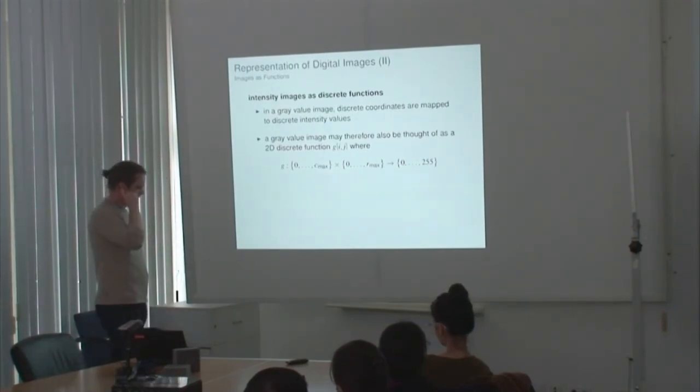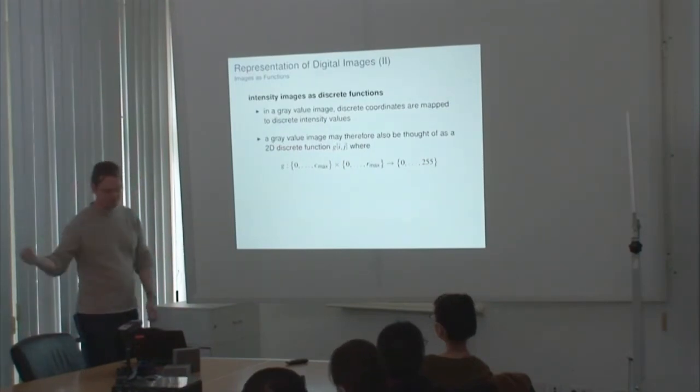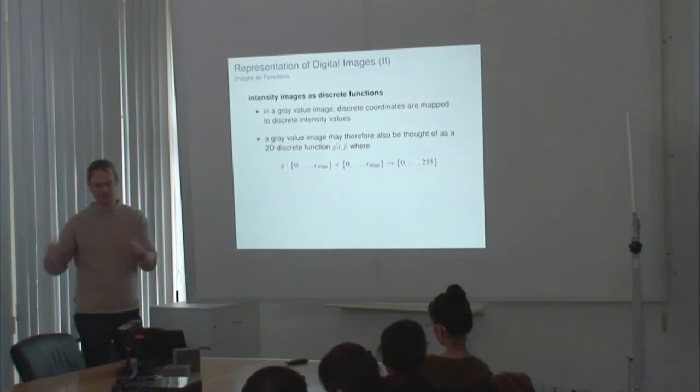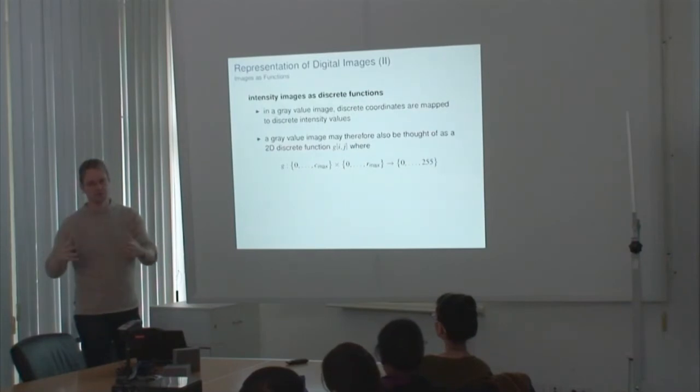And because certain locations in the image are mapped to a certain intensity or gray value or color value, we can think of an image as a map or as a function.